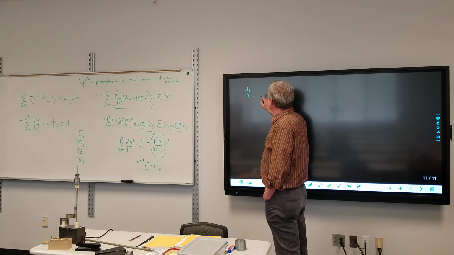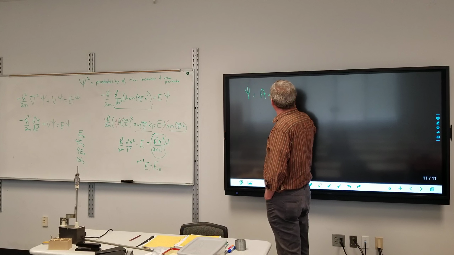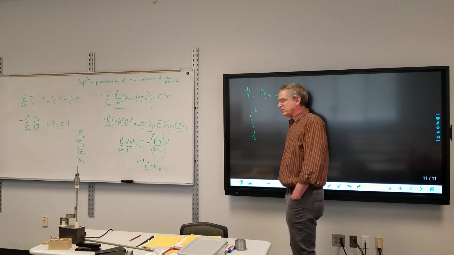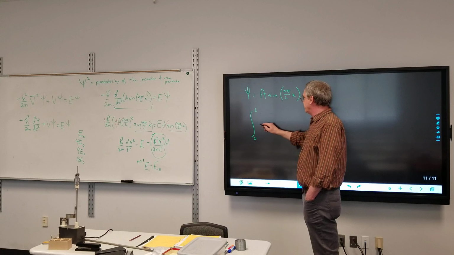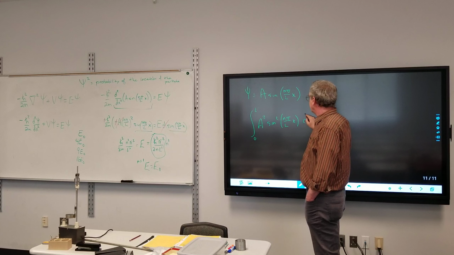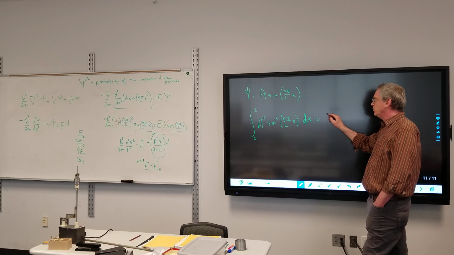So we have psi is equal to A sine of n pi over L times x. I'm going to integrate from 0 to L, because that's the range in which this wave function is defined. A squared sine squared n pi over L x dx, and that's equal to 1.